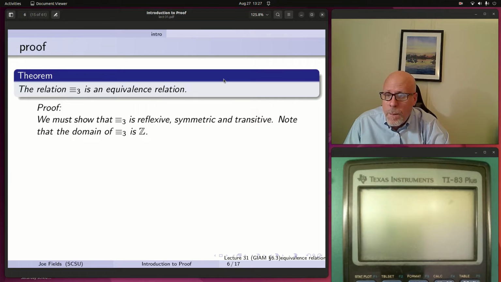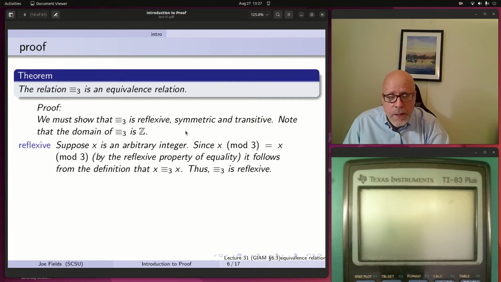Of course, anything beyond the bare beginner level, everybody knows that if you're showing it's an equivalence relation, you're going to verify these three properties. It's useful to note that the domain of this relation is the integers. It didn't say that in the build-up to what we've done here, but that is the correct domain.